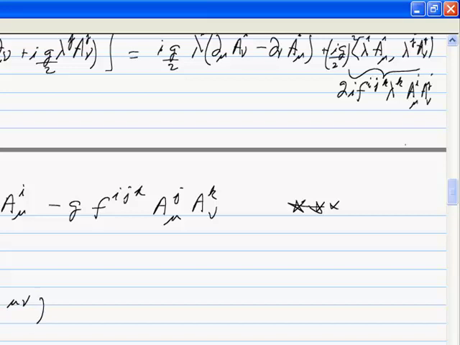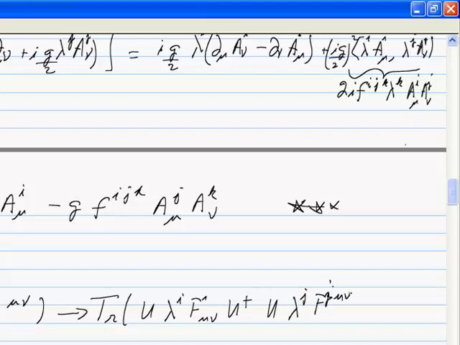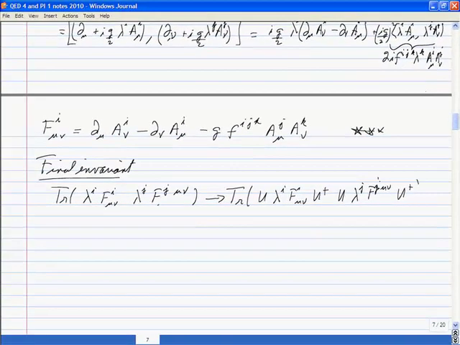That's going to be an invariant because it transforms like trace U lambda i F i mu nu U dagger. That's how the first one transforms, and the second transforms like U lambda j F j mu nu U dagger.